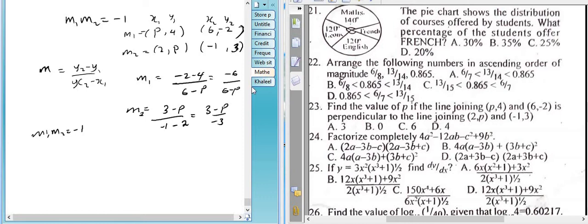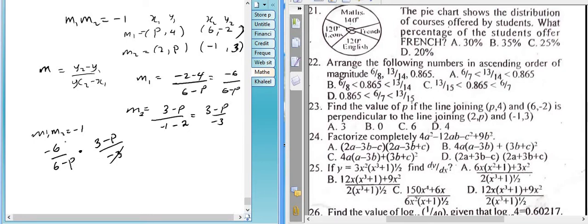Okay, so you know that we have m1 as minus 6 over 6 minus phi, and m2 is 3 minus phi over minus 3. So this one goes, this one remains 2. Then we have 2 over 6 minus phi times 3 minus phi, all is equal to -1.